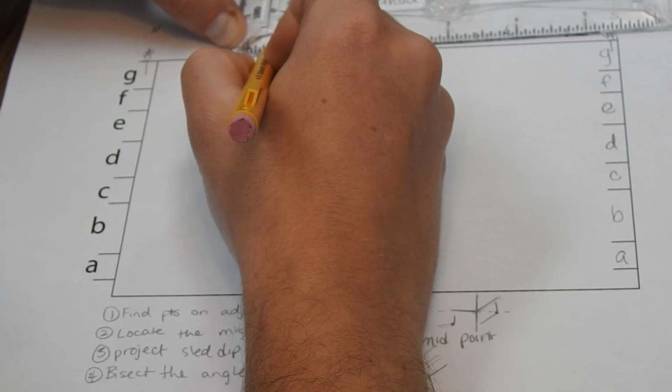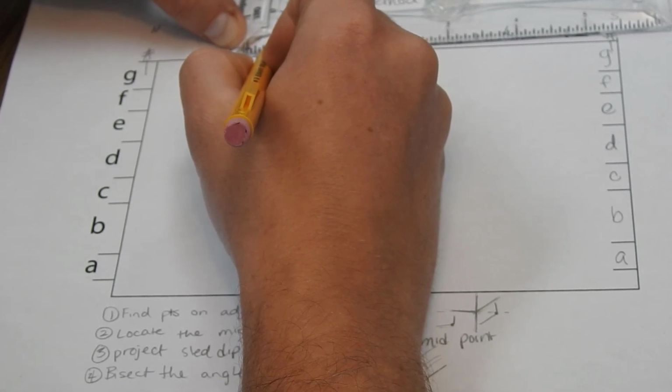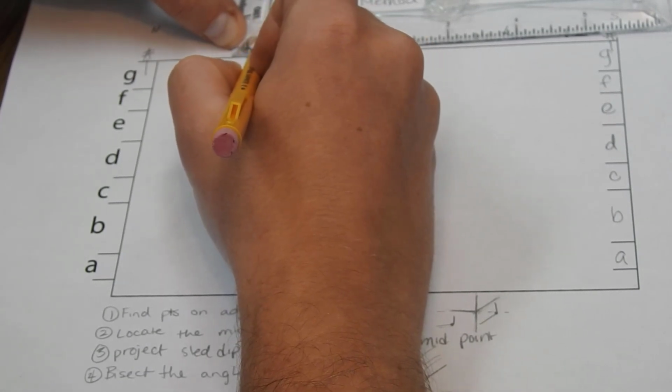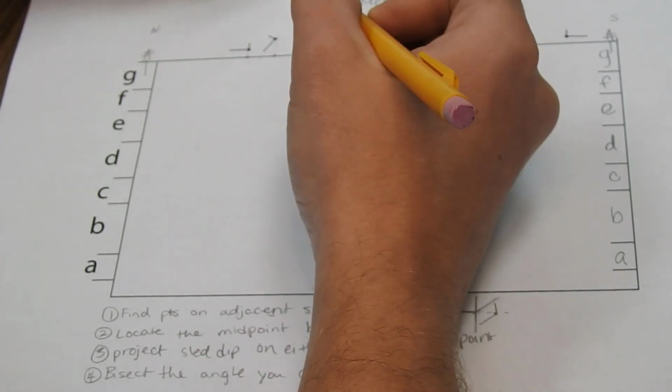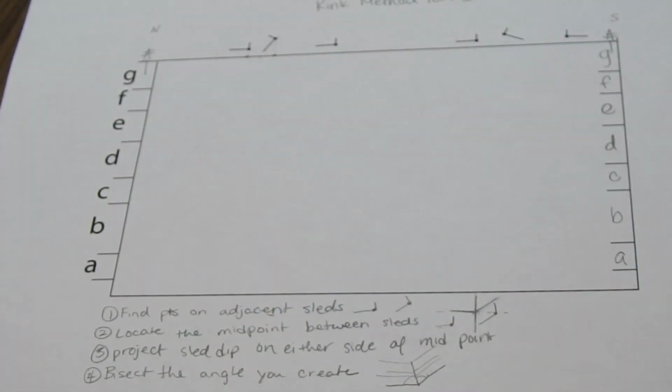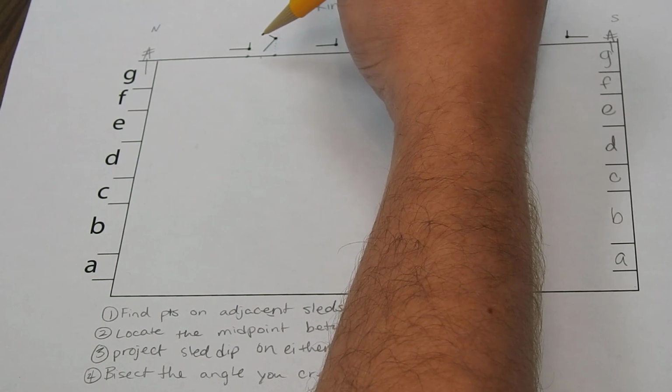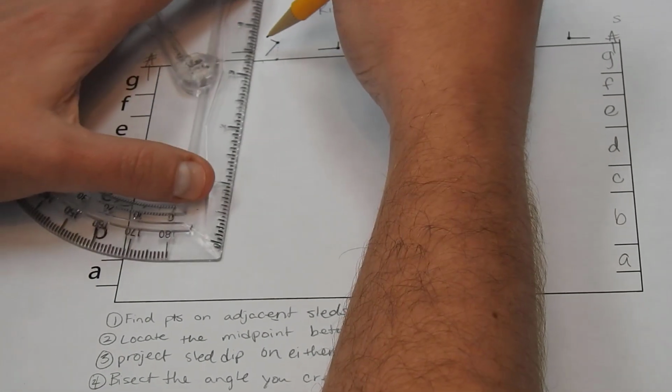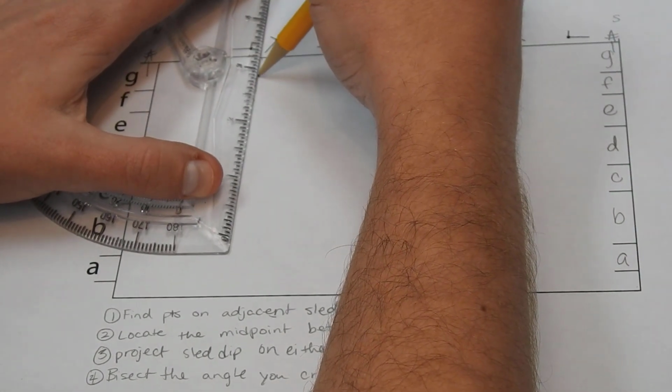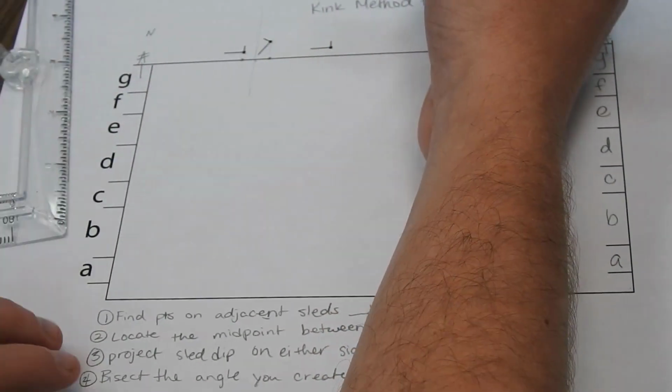So 3 sixteenths would be half of that. So 1, 2, 3. Put a tick mark. That is the midpoint. So I'm going to go ahead and draw that in as a really faint vertical line.